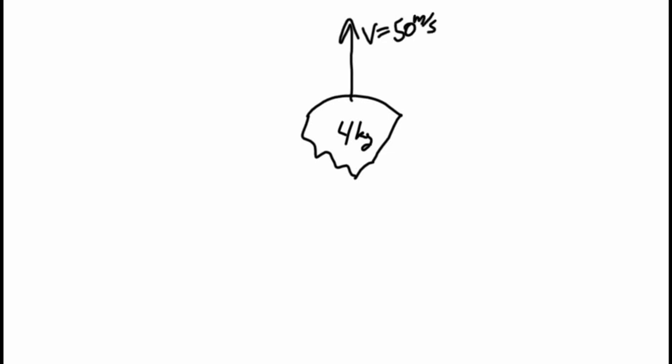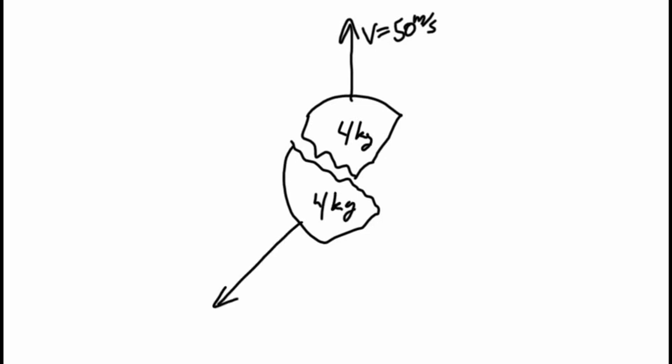Okay, it's a big explosion. We want things going a little faster. So we'll have it going 50 meters per second going north. We're going to have another chunk, a chunk over here that came blasting off of that. And let's have it also be 4 kilograms. And this 4 kilogram chunk, unfortunately, as far as our math is concerned, went flying off at an angle.